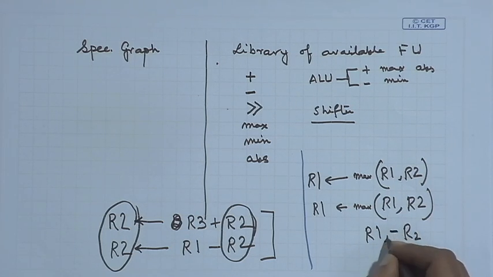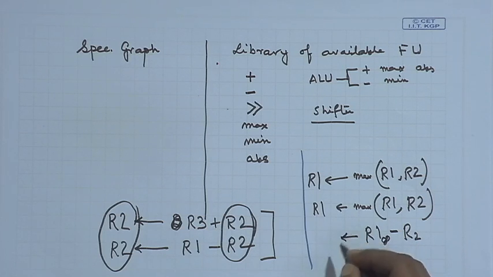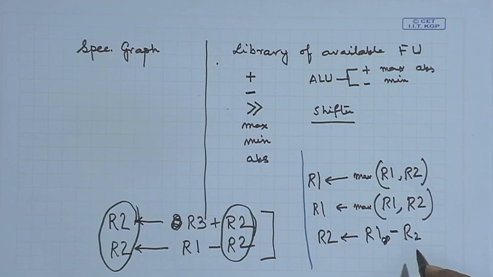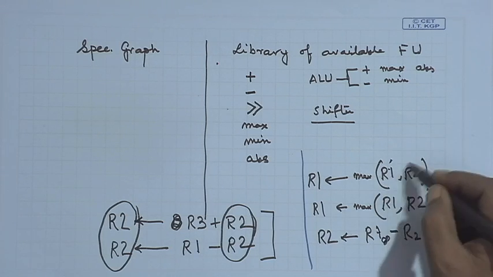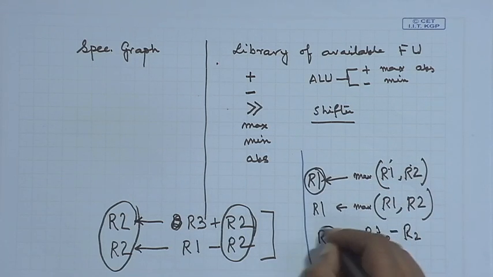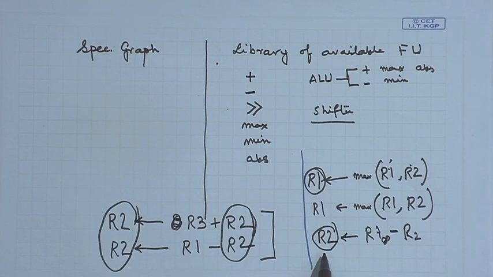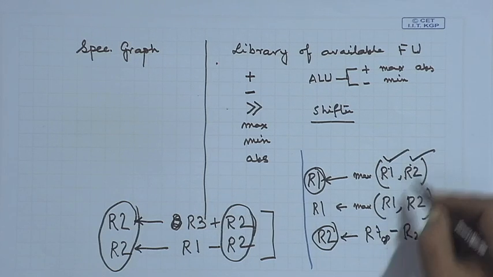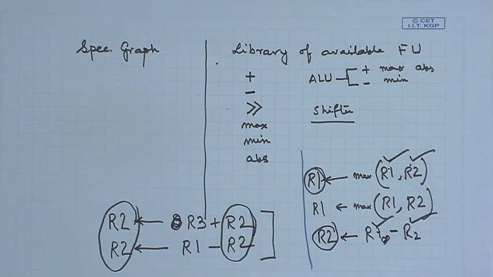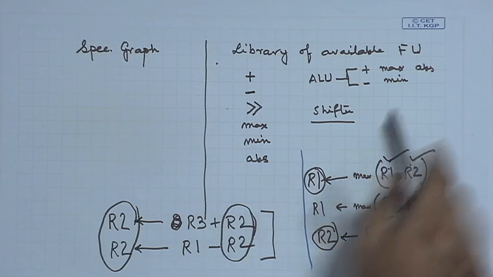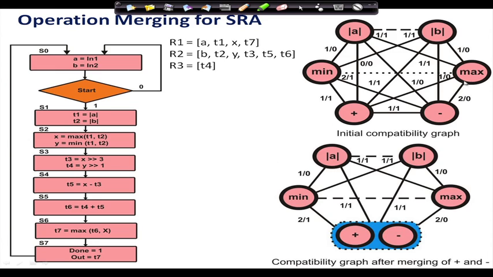So, I take a subtraction of them and store it in T5, which is R2. So, here we are sharing two sources, the destinations are different, but the sources are the same. Therefore, it has been marked as 2 0, clear?